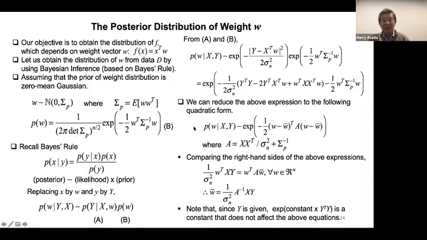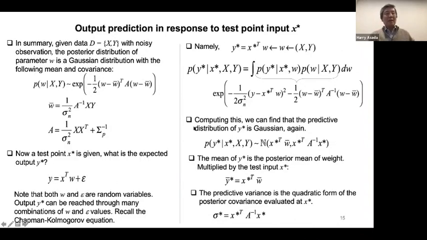So this is a stochastic treatment. With that, we can conclude this case: output the prediction in response to a test point input, the new point X star, which is not involved in the original training sample.